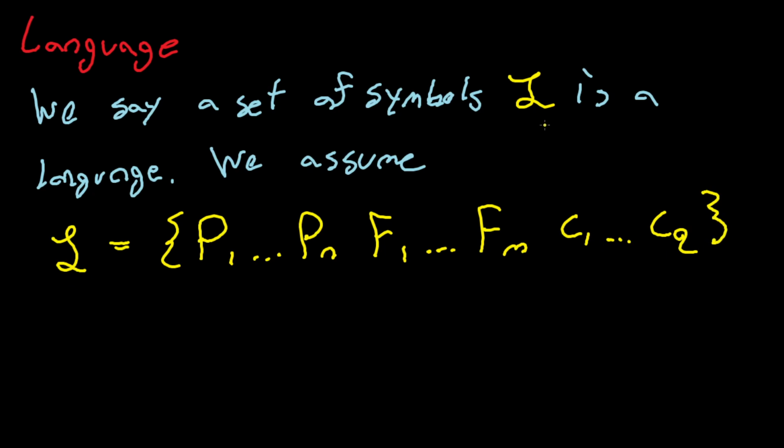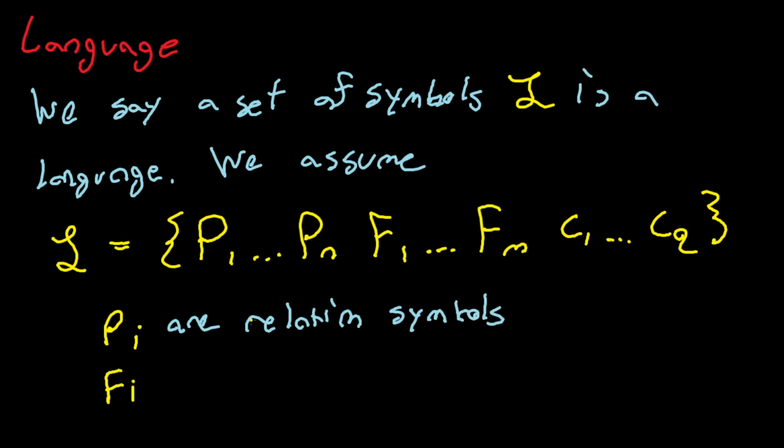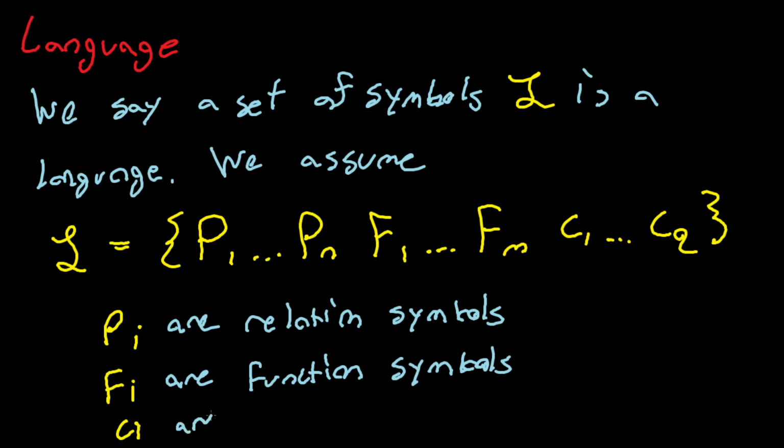It's just an arbitrary set of symbols, but the Pi are relation symbols. The Fi are function symbols. And the Ci are constant symbols.